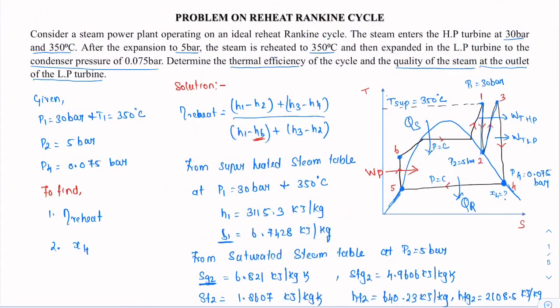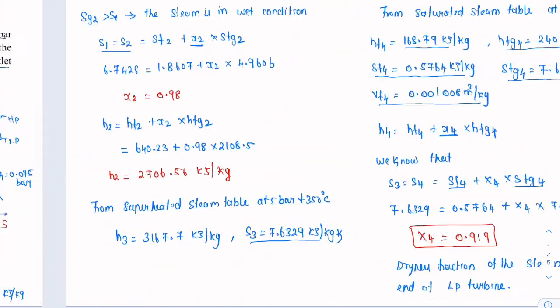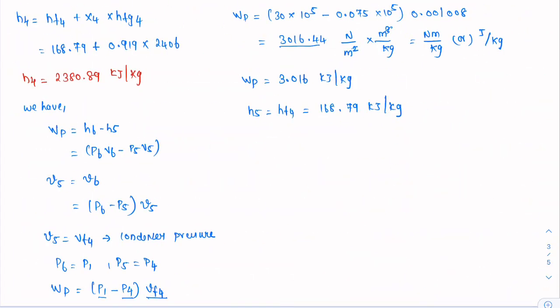The pressures at state points 4 and 5 are equal, but at state point 4 the steam is in a dry saturated state, on the saturated vapor curve, and state point 5 is on the saturated liquid curve. Therefore we can equate, and H5 is equal to HF4, the enthalpy of the fluid. By substituting the value of H5 and WP in this equation, you can find the value of H6.